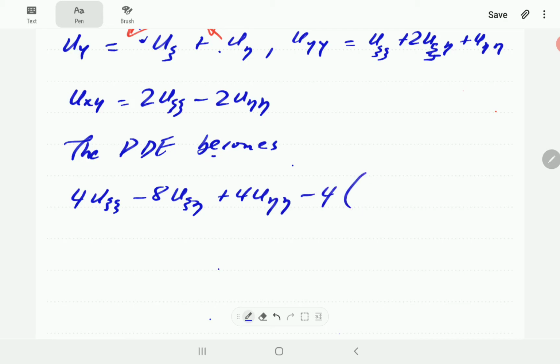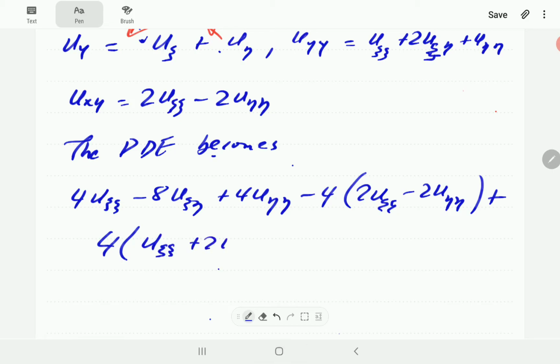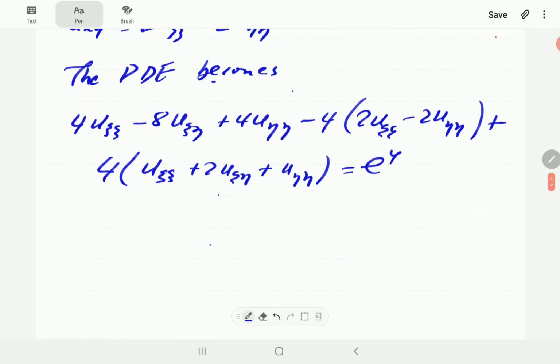Take away 4 into 2u_xi minus 2u_eta, and then plus 4 into u_xixi plus 2u_xieta plus u_etaeta equal e to the y. Let's just write it like that for now.